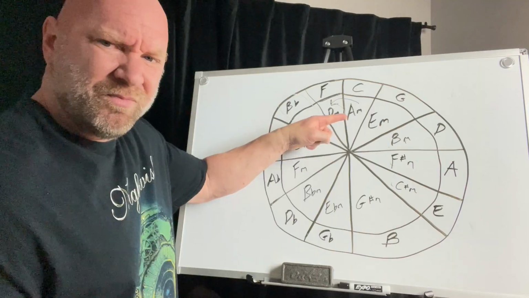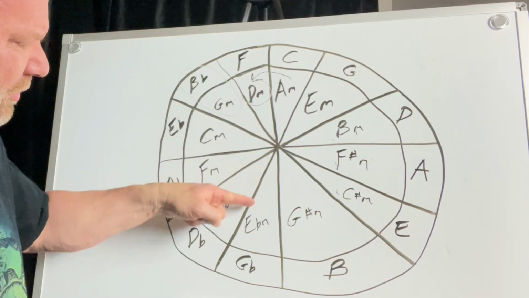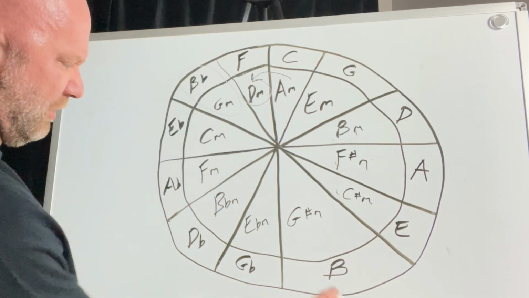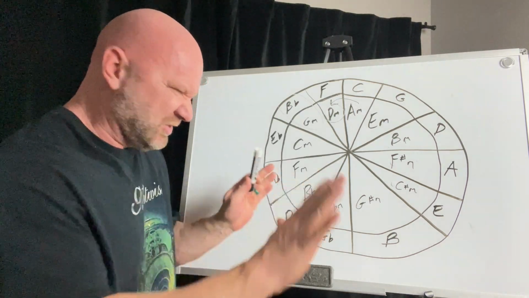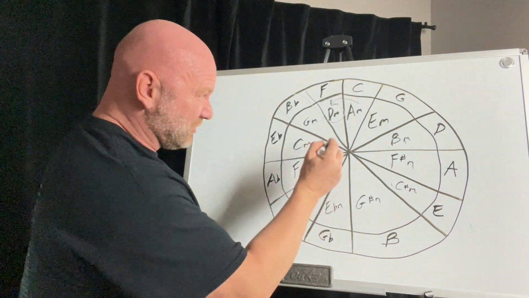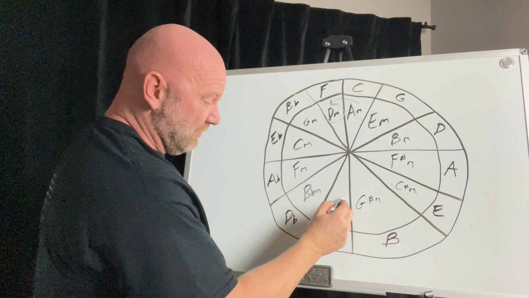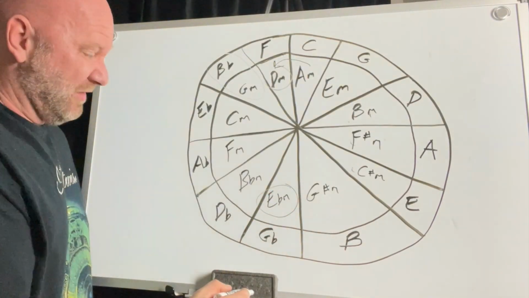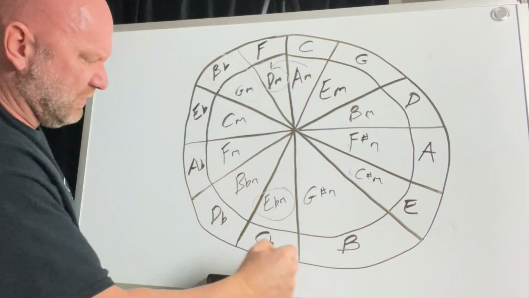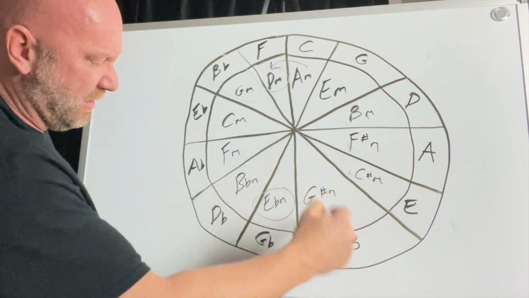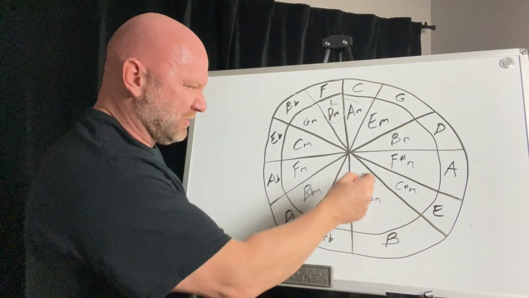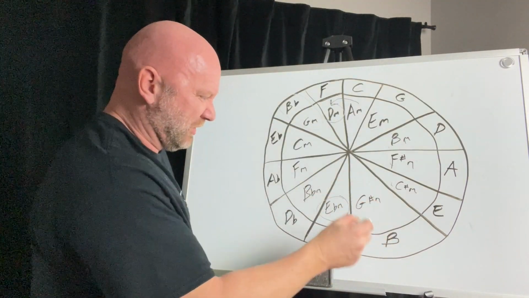You know what, though? I want us to go all the way down here to, what is this? This is a key that none of us ever play in, right? I want us to go from A minor to E flat minor. So that means we've got these chords here, and sorry, my circle must have had a few drinks or something because my circle's kind of messy.